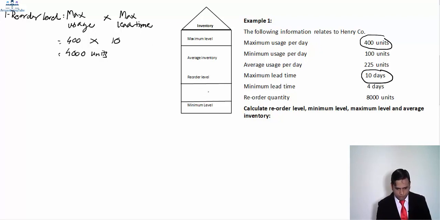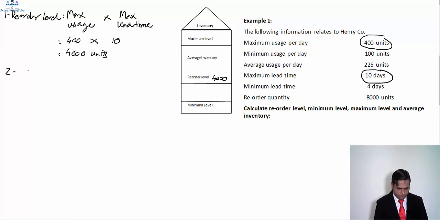Now what have we computed over here? We have computed this level, that is 4,000 units. Now whenever our stock reaches around 4,000 units, it's an indication to management that we now need to place our order.